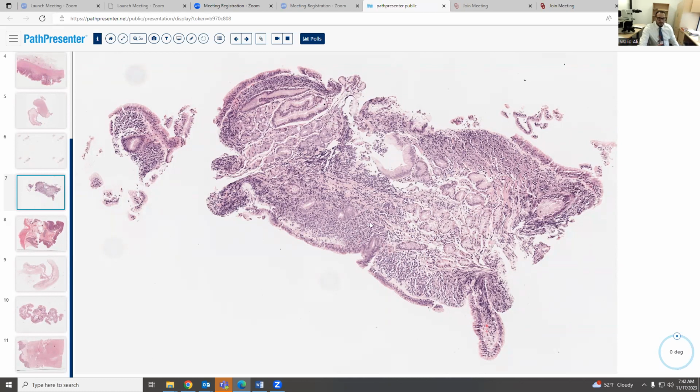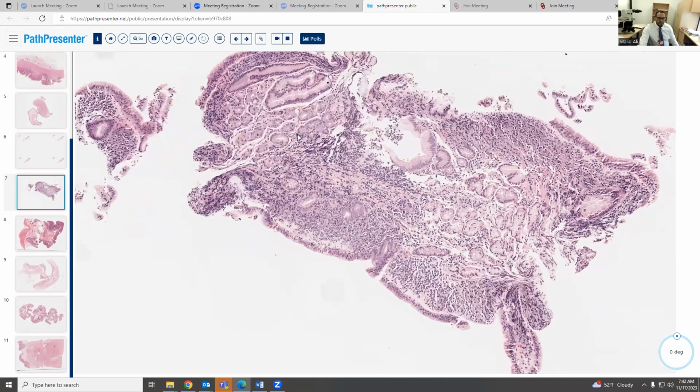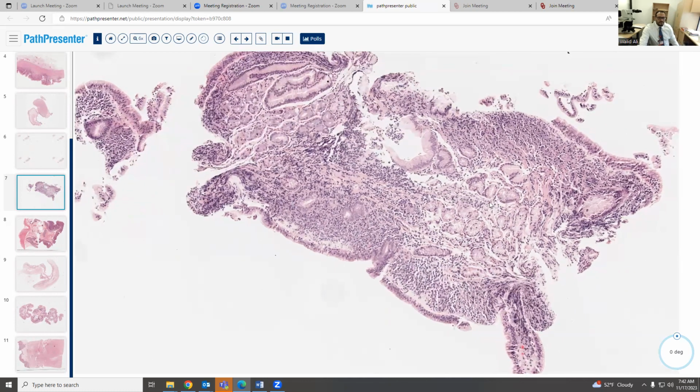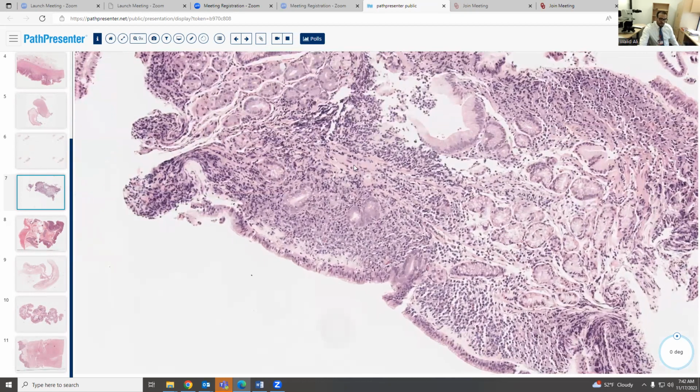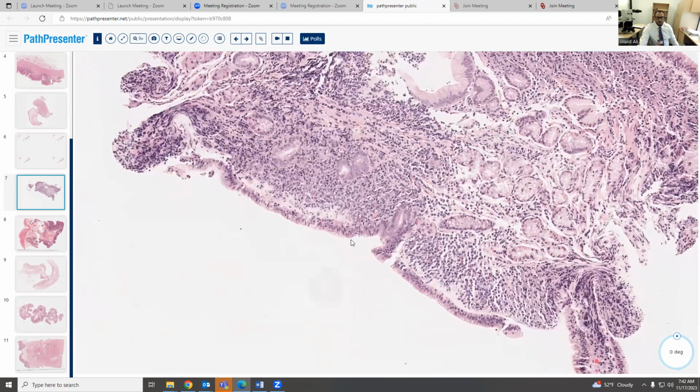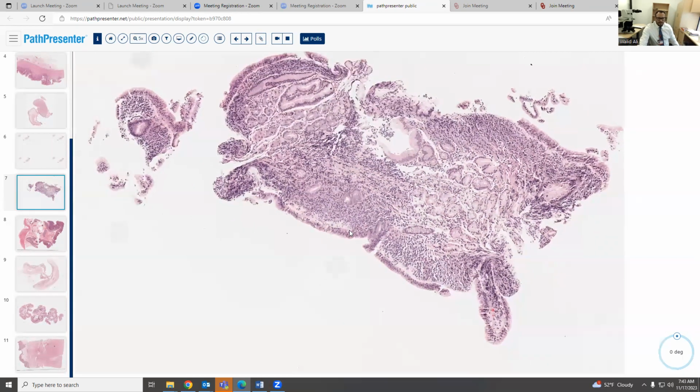Like we see here, this stomach, we have foveolar epithelium and this antral mucosa. Let's say the patient has abdominal pain or vomiting, and they do EGD, and they found a normal stomach, but they did biopsy.